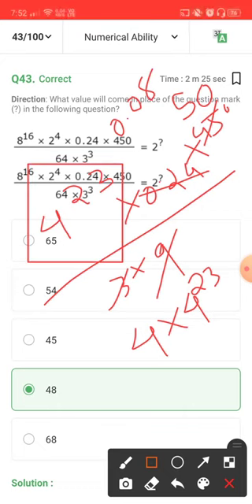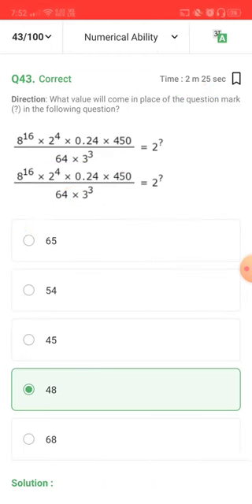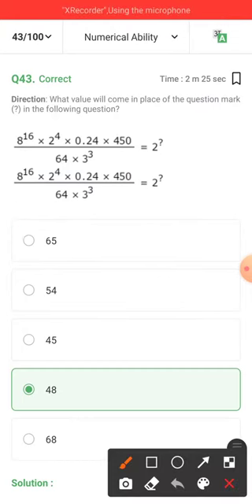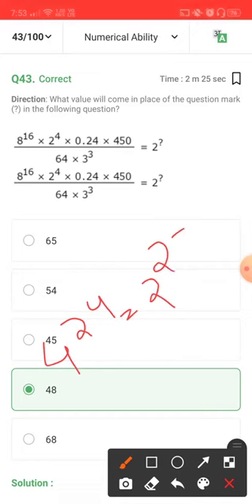Then it became 4 raised to 24. So what is 4 raised to 24? 4 raised to 24 is 2 raised to 48. So we get the answer 48. So easy one.